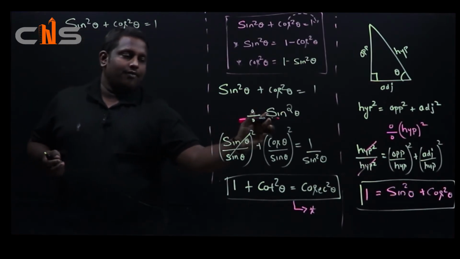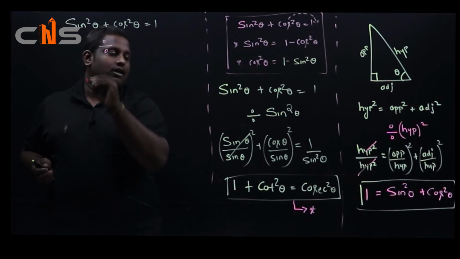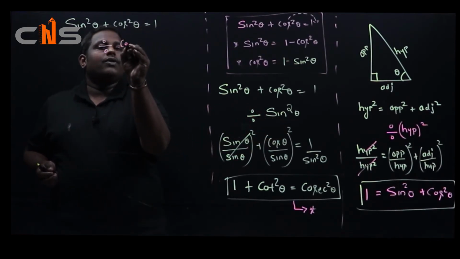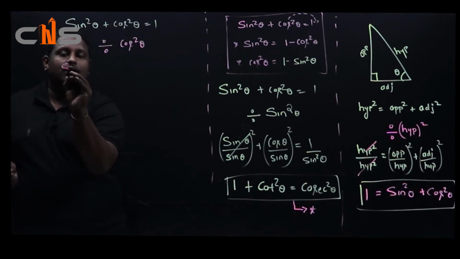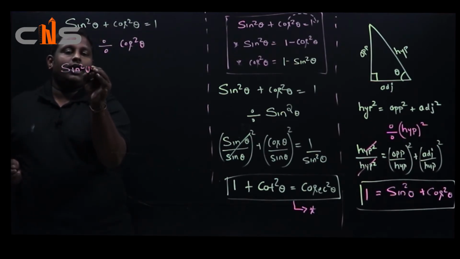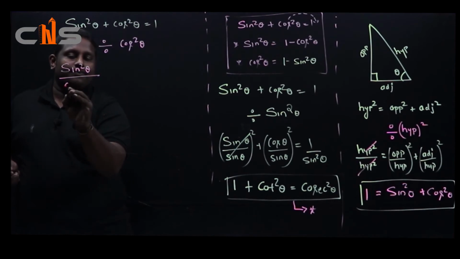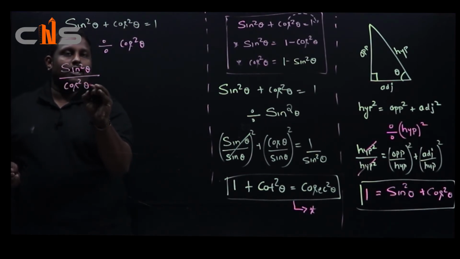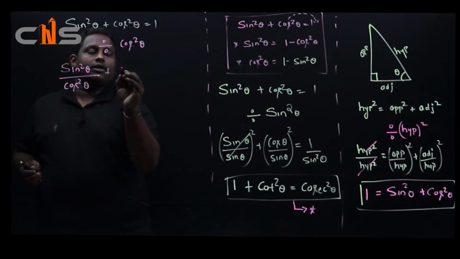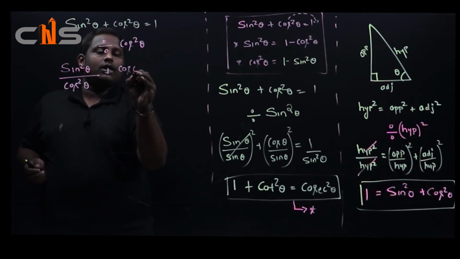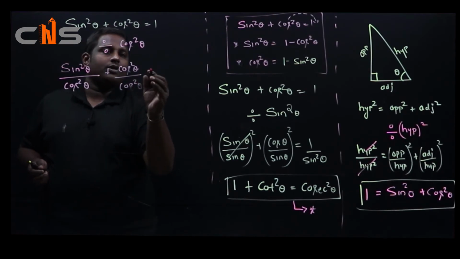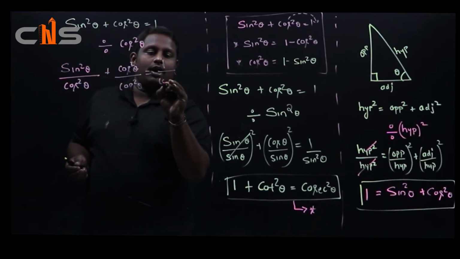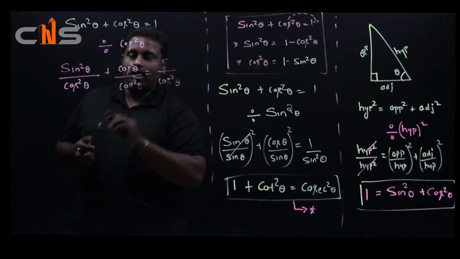This time we will divide by cos square theta. So what happens? Sine square theta by cos square theta plus cos square theta by cos square theta equals 1 by cos square theta.